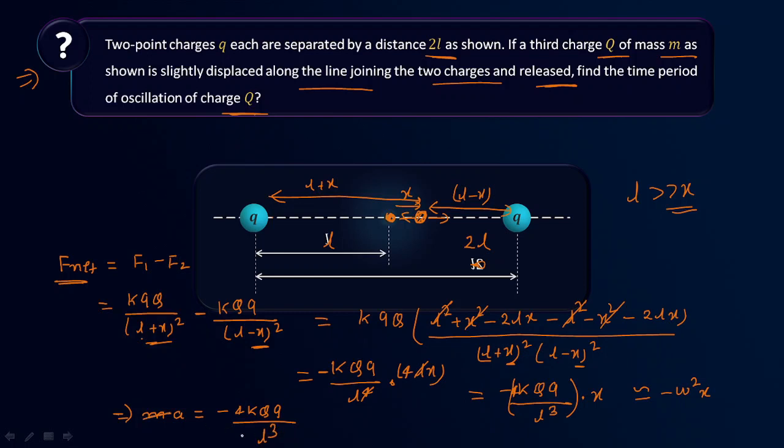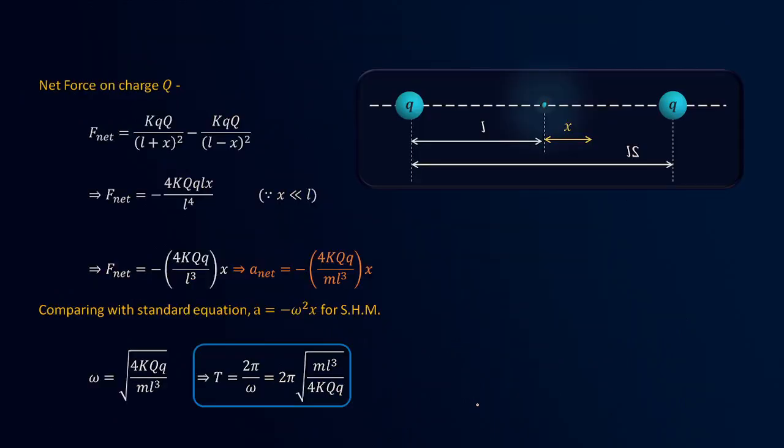If I move M to the right side, so M L cube into x. This is nothing but approximately equal to minus omega square x. So this term is omega square. What they are asking is the time period. So we know that time period T equals 2 pi by omega. So we can put the value. Simple, easy. So F net we can simplify. This is our F net, so acceleration is minus of this value into x. Acceleration for SHM we know is equal to minus omega square x. So from here we can write the time period, that is 2 pi by omega.